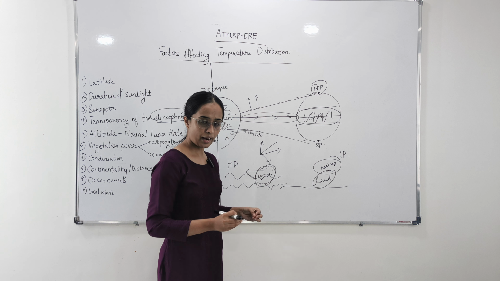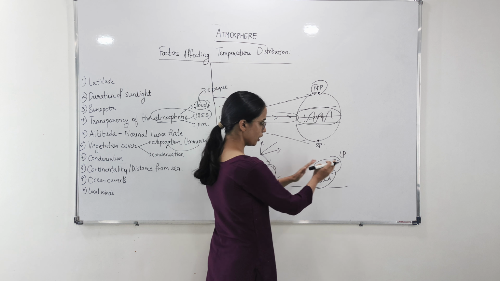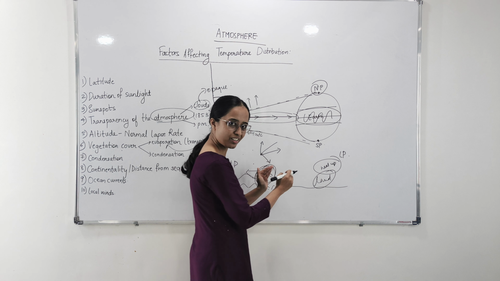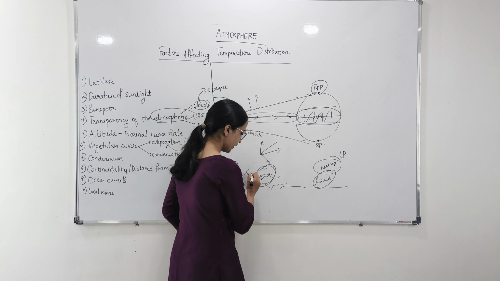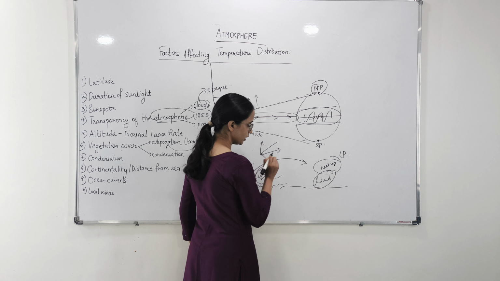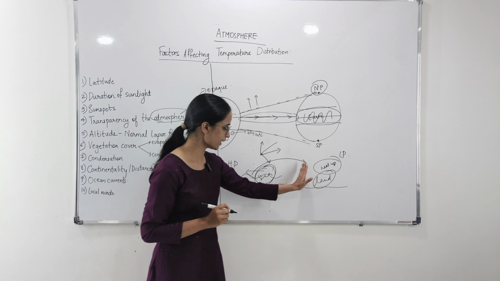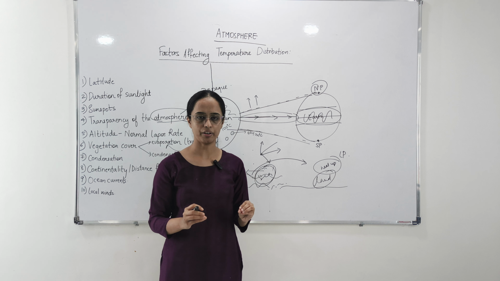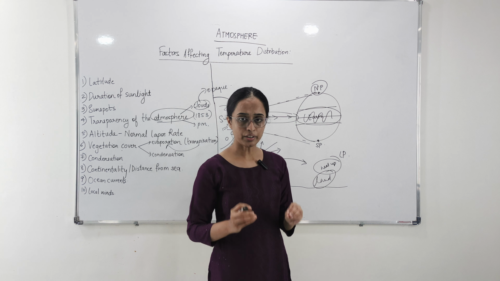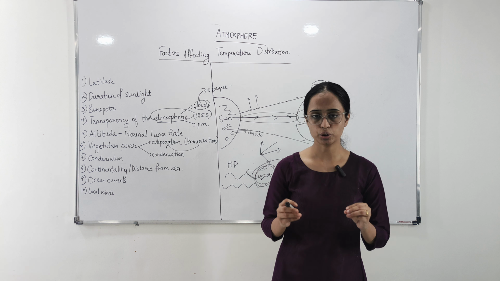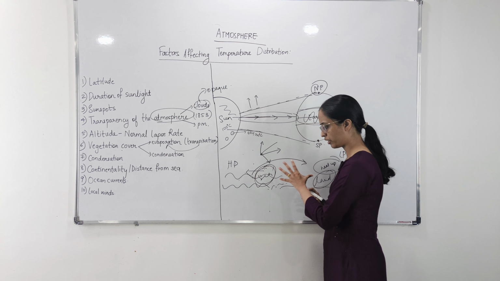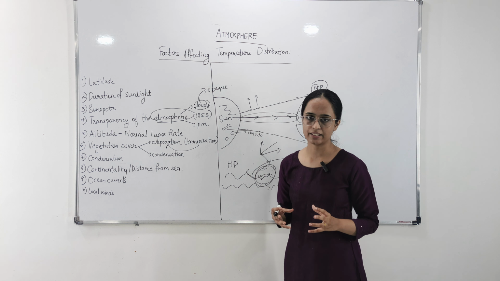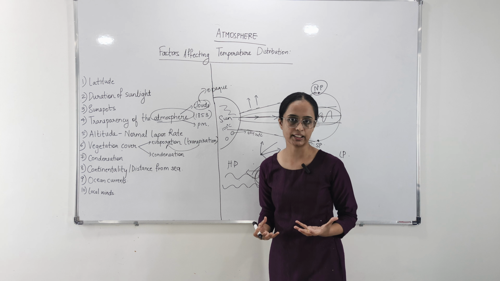We all know that air always moves from high pressure to low pressure regions. So the winds will move from the high pressure region to the low pressure region, making the temperature of the land a little bit moderate. Because of this, regions near the sea and near water bodies experience a moderate kind of temperature, and there are no extreme temperatures there.